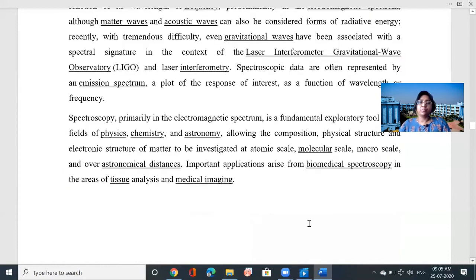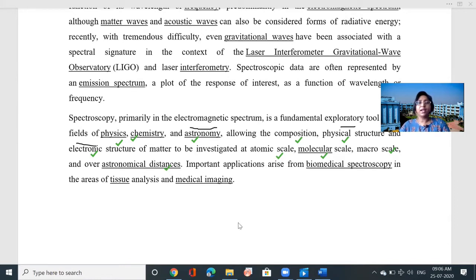Spectroscopy, primarily in the electromagnetic spectrum, is a fundamental exploratory tool in the fields of physics, chemistry, astronomy, allowing the composition, physical structure and electronic structure of matter to be investigated at atomic scale, molecular scale, macro scale, and over astronomical distances.